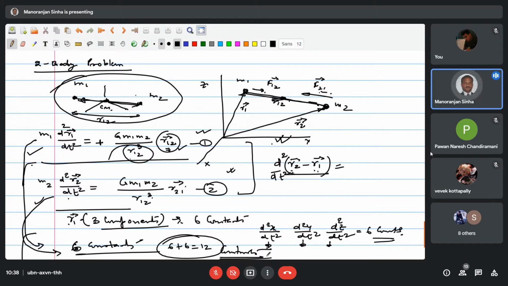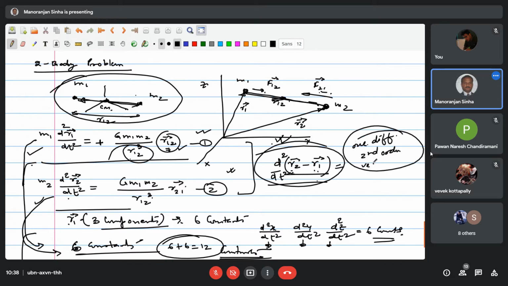But if we reduce the problem to this format, here it appears as only one differential equation of second order, and of vector nature. Therefore 6 constants are involved. So can we identify these 6 constants in this case? This is the question raised.